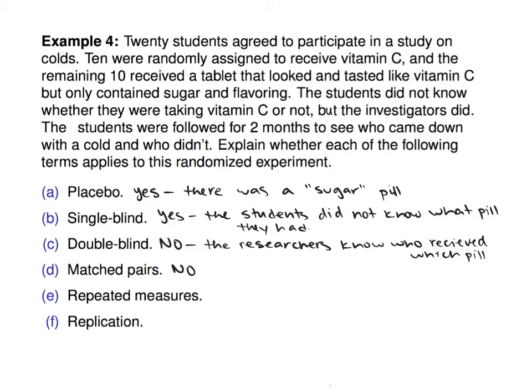Repeated measures, where people are measured more than once, like was their cold incidence measured? Nope, it was just at the end of 2 months, see if they had a cold. So no. And replication, well, sort of yes, your book says yes, but I would take either one with this. There were 10 students in each group, so the experiment was applied to more than one person. Although in my mind, I really view replication as the experiment was done again or reproduced.